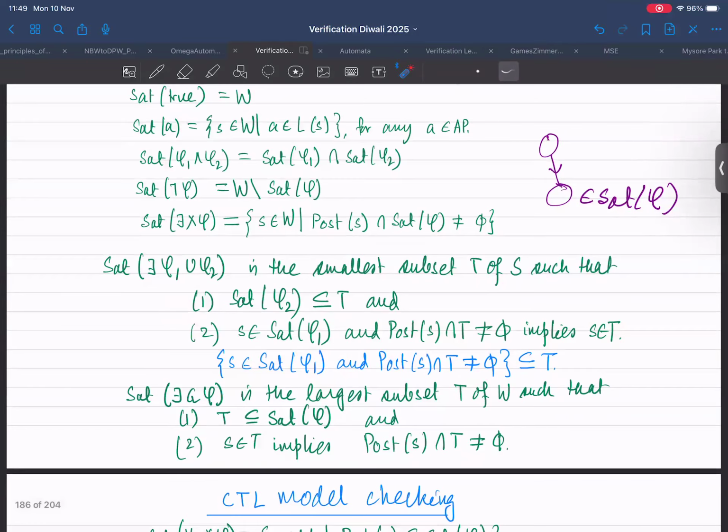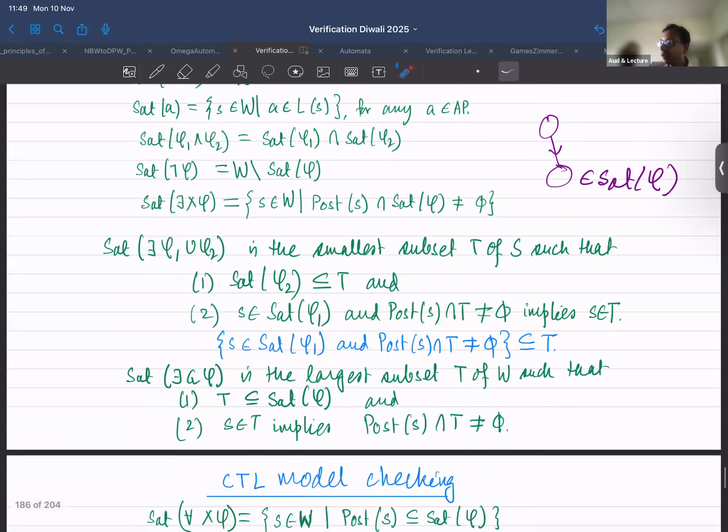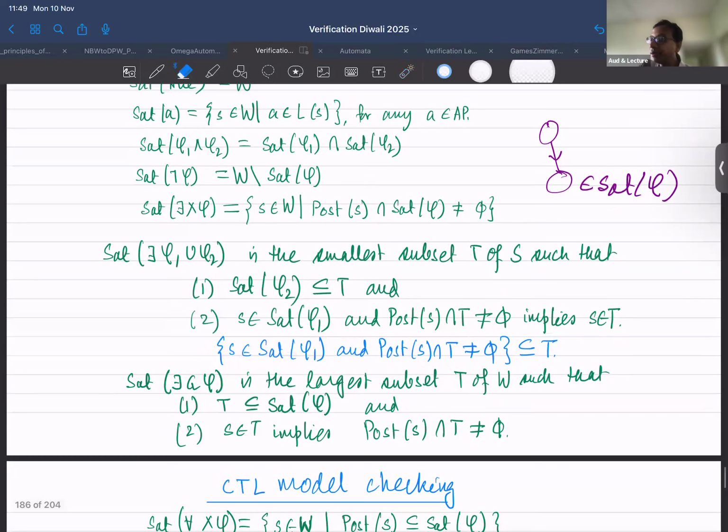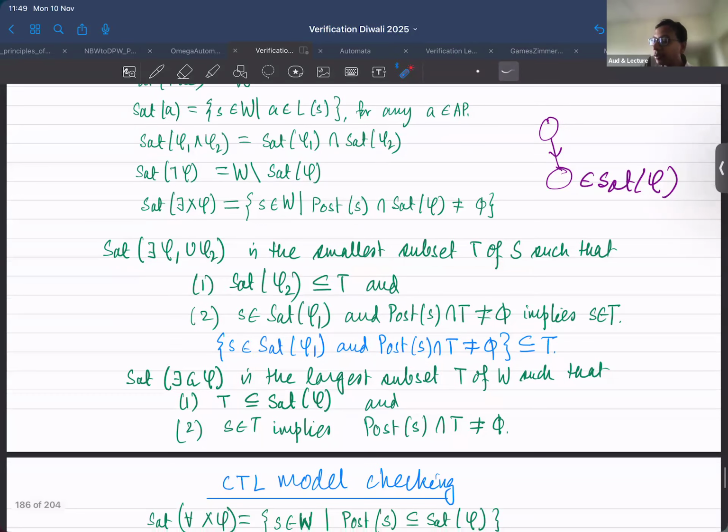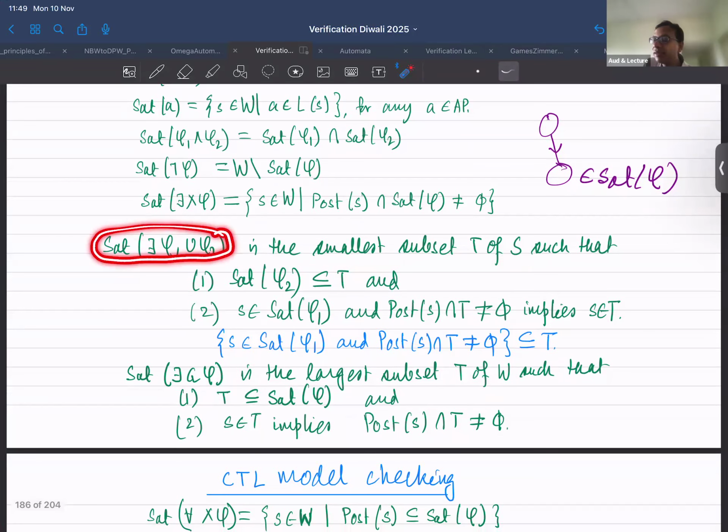Okay, so now what about exists phi 1 until phi 2? Now we are saying that this is the smallest subset T of S. It will be clear why we are saying this. So suppose you have to compute this. What does this mean?